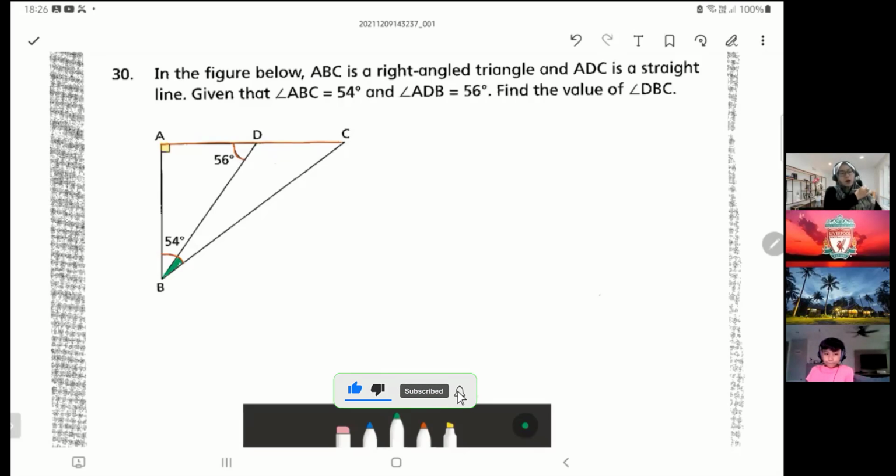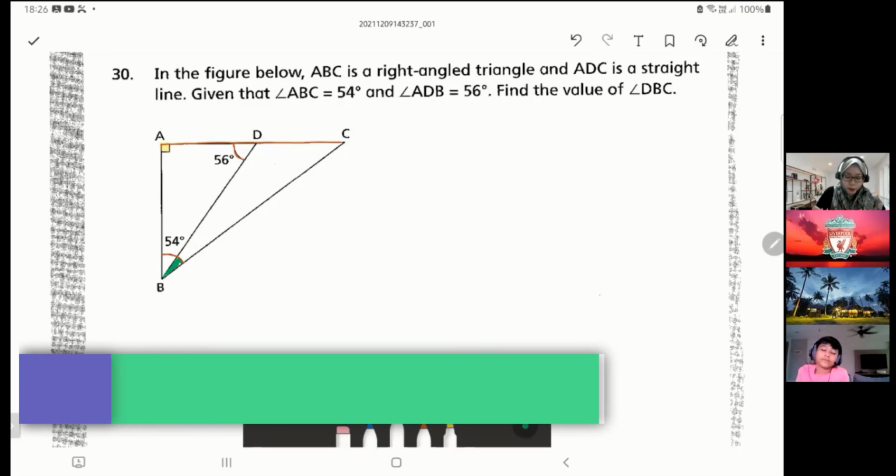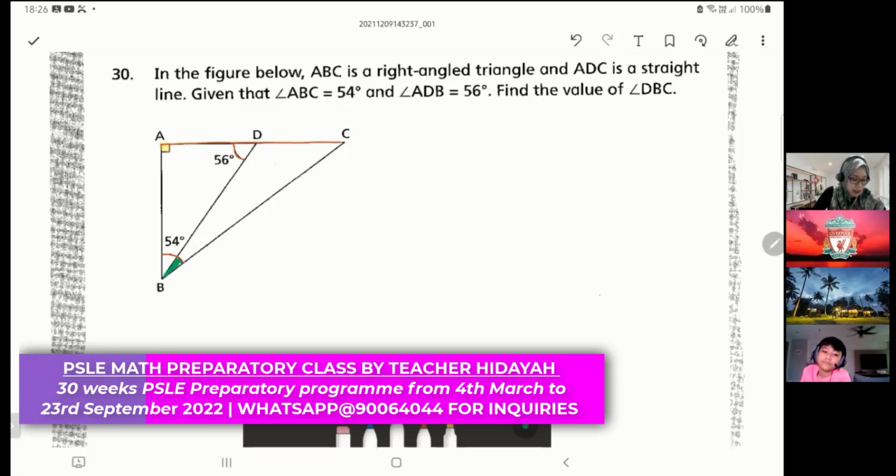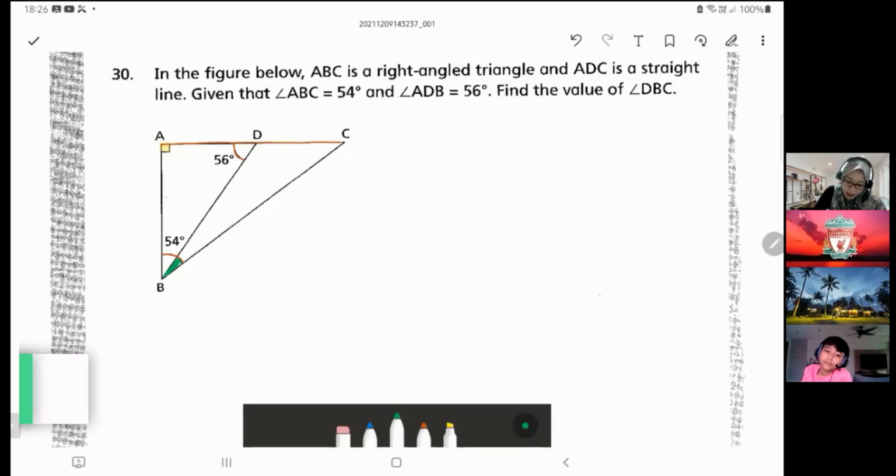Okay. So how do I do this question? We find DBA first. This is the whole thing, which means it adds up the blue and the green. I add up blue and green equals 54. But now I only want to find the blue.